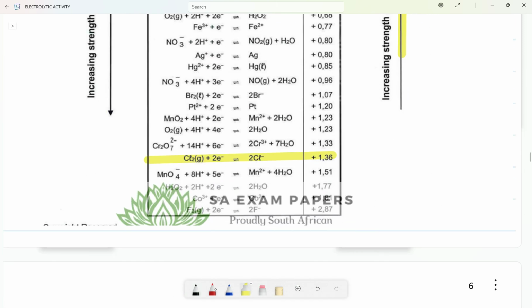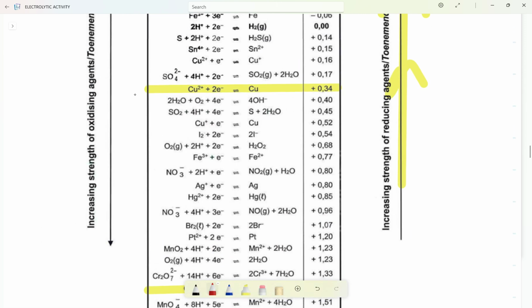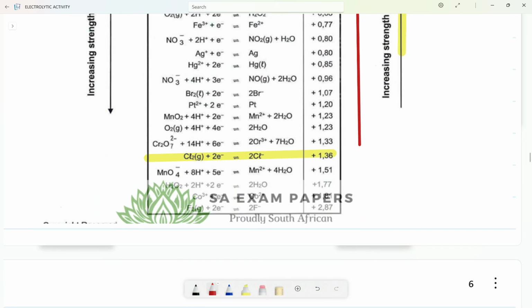So as I move from my Cl minus to my copper, the strength increases. What does this mean? It means copper is a stronger reducing agent than Cl minus.